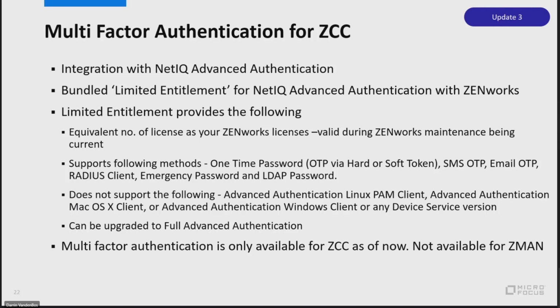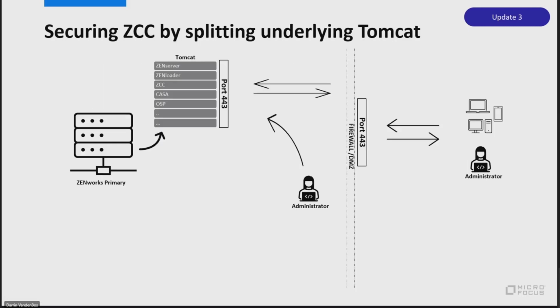Okay, so we talked about multi-factor authentication. Let's talk about securing ZCC. This is one of the things that we've done to help continue to secure primary servers on your perimeter, in your DMZ. What we've had in the past is that all ZENworks services were running under one Tomcat instance.